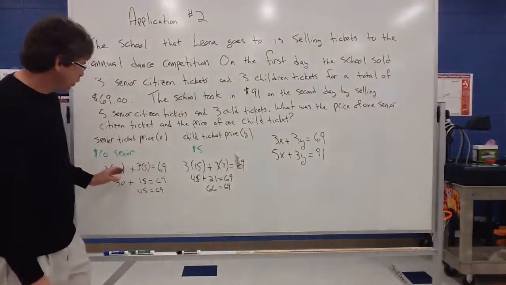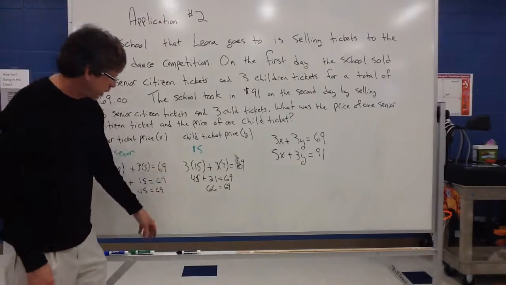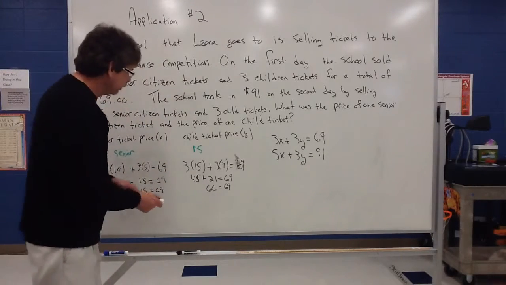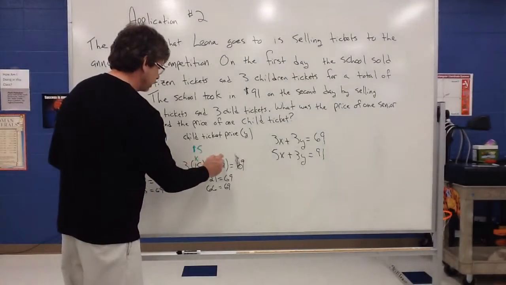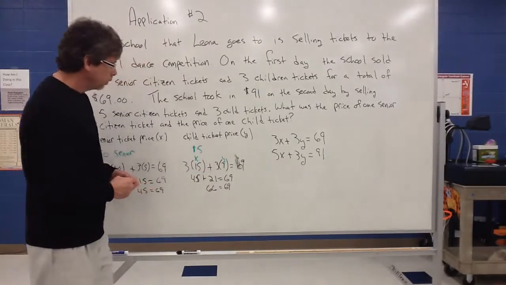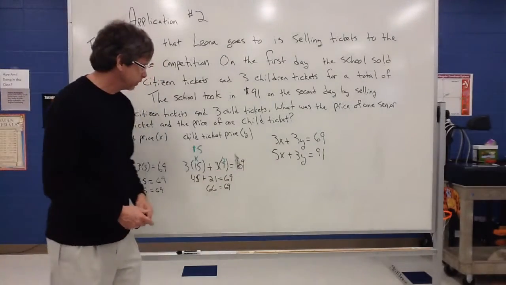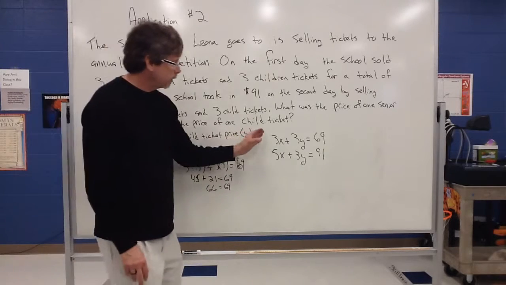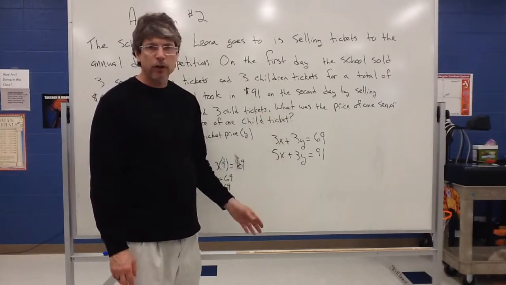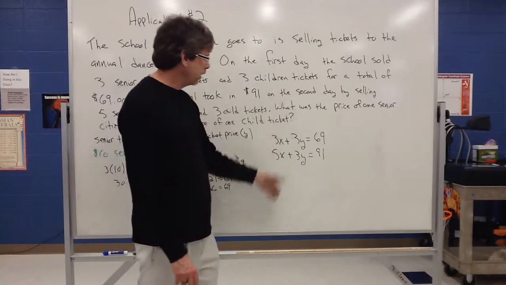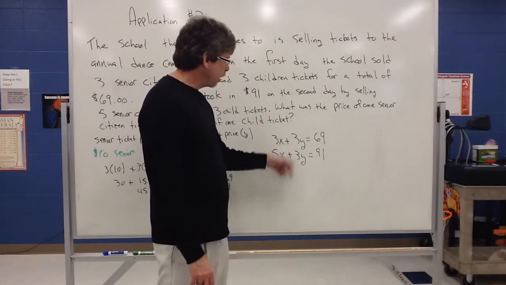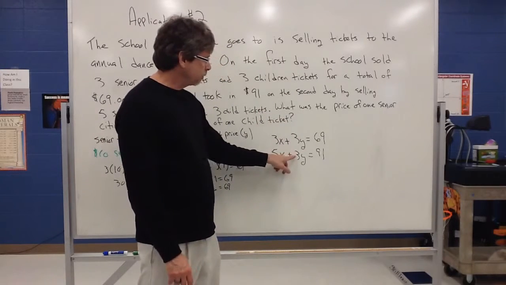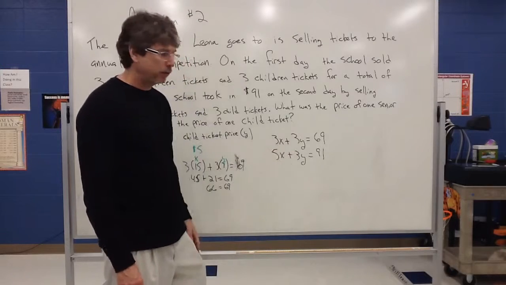So by doing a little bit of trial and error, I'm picking up on, wait a minute, this is my x, this is my y. Notice how these equations are really looking good for elimination, because if I add these together, these y's would eliminate if this was a negative instead of a positive.